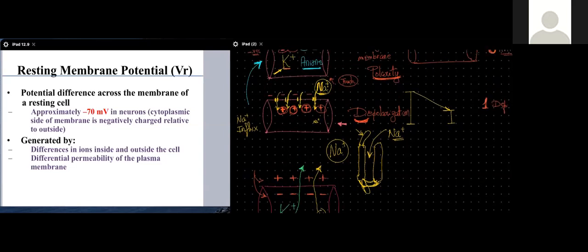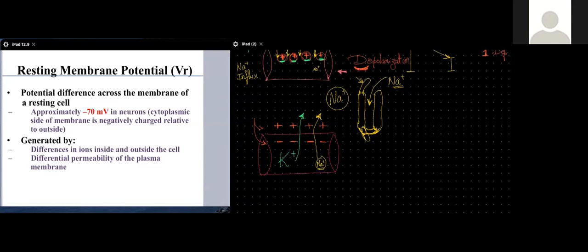Because you want to reduce the number of positively charged ions on the inside, for you to get back your resting membrane polarity, for the inside to return back to its negative state. So what positive charges do I have inside? I have potassium inside. I have small amounts of sodium. Which one is going to be easier for you to move from inside of the cell to the outside of the cell? What do you think?